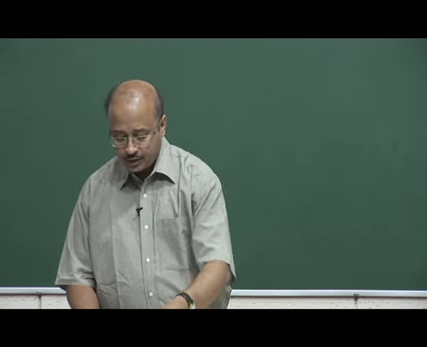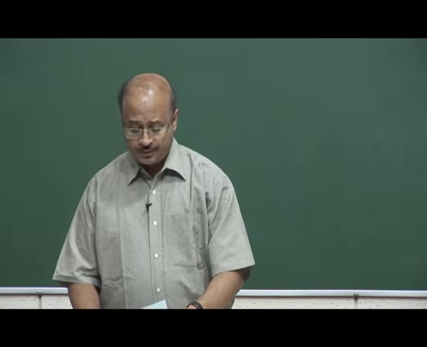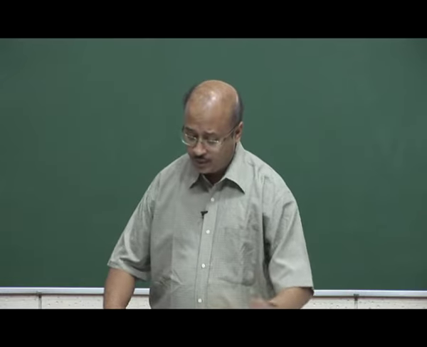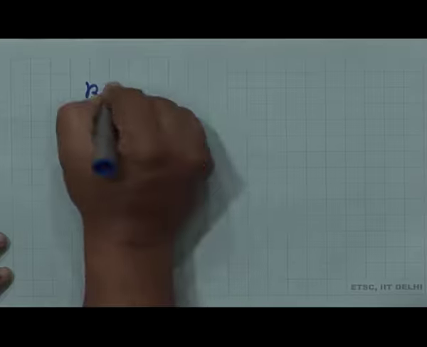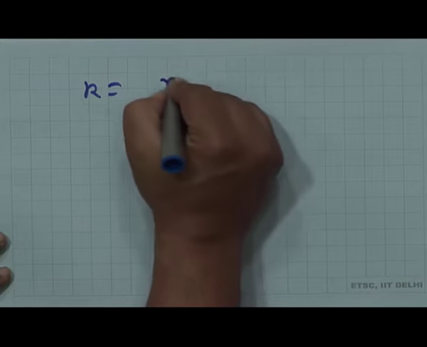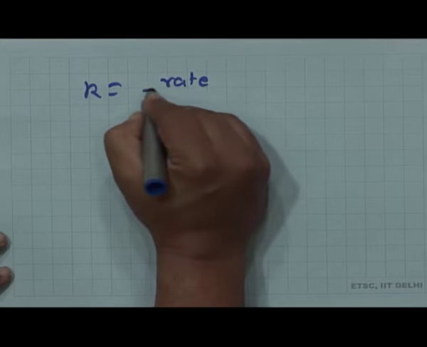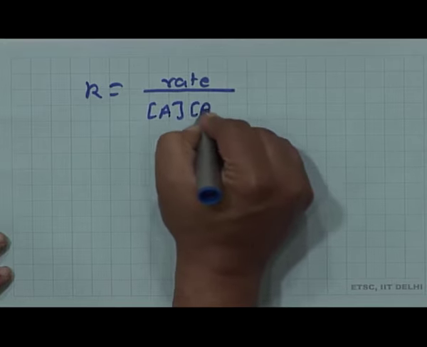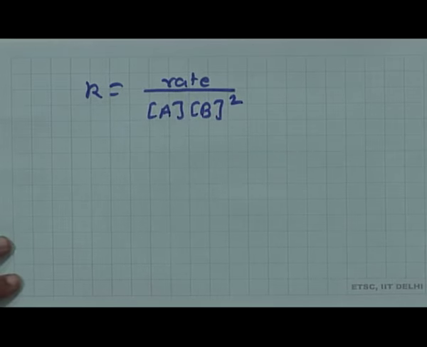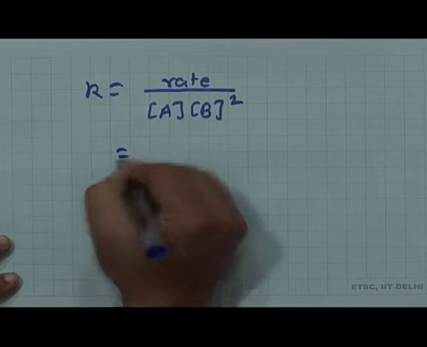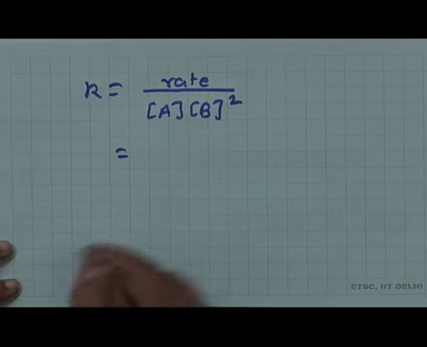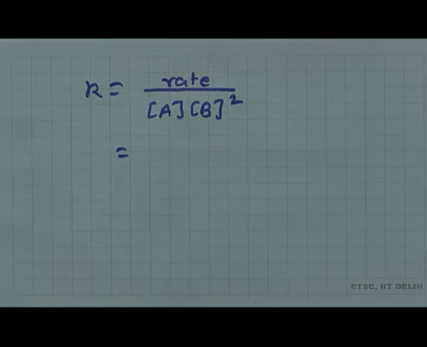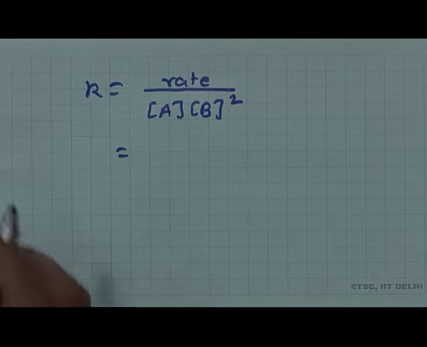Now, what about the units of the rate constant? The units of the rate constant would be k equal to rate over concentration of A times concentration of B squared. So I can write what rate is: rate is concentration over time, and here again you assume the time to be in minutes.